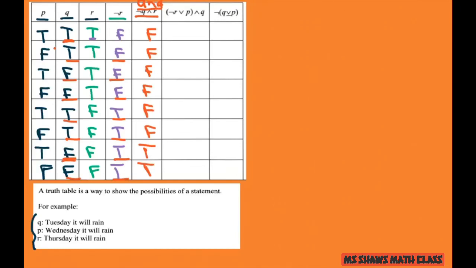Now we're going to have to do all three of these. Let's do not R or P. We should probably separate this out. Not R, we already have it. Not R is F, and false or true is true.